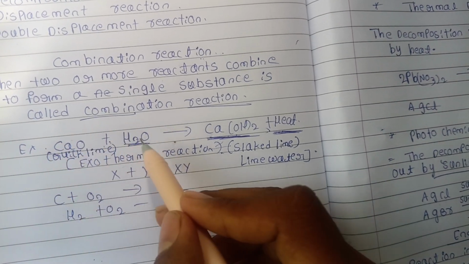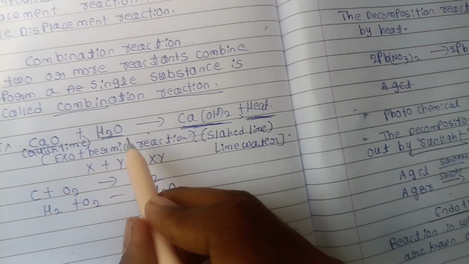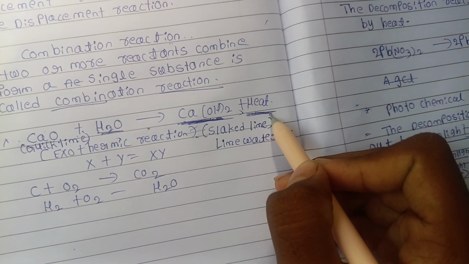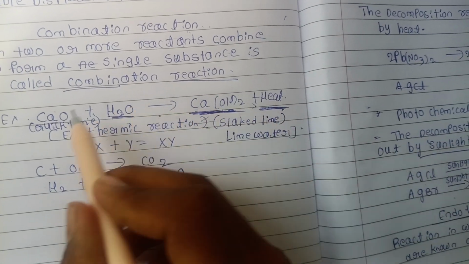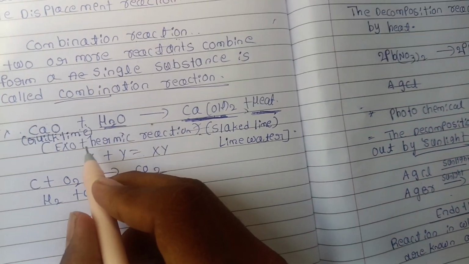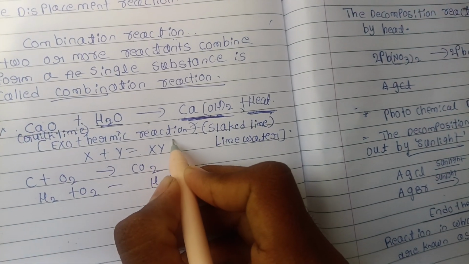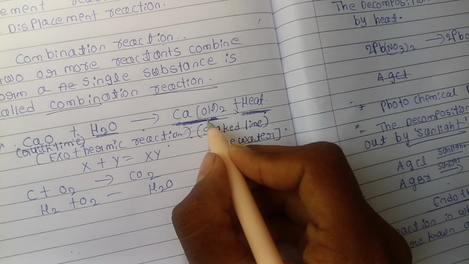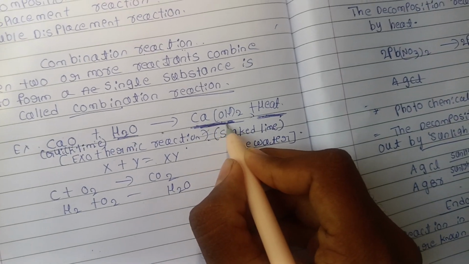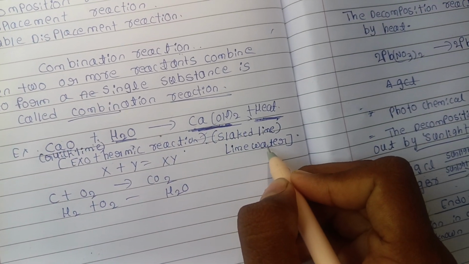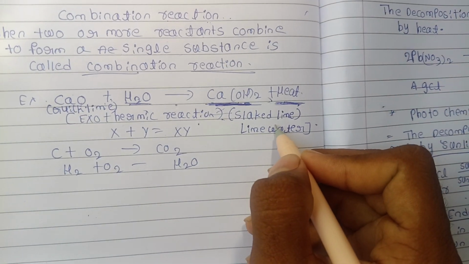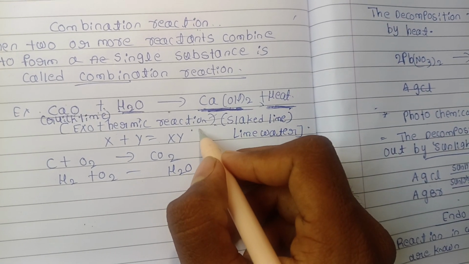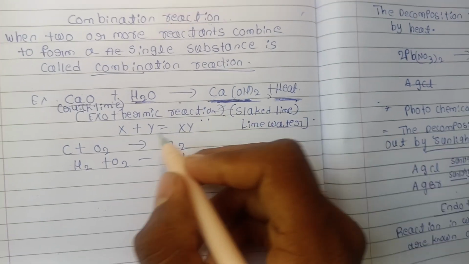They both combine to form a single product, that is calcium hydroxide, along with heat being released. So this type of chemical reaction is also called an exothermic reaction. Exothermic means heat is released along with the formation of the product. Here the product is calcium hydroxide, or slaked lime, or lime water. So this is the example for the combination reaction. I hope you understood well.